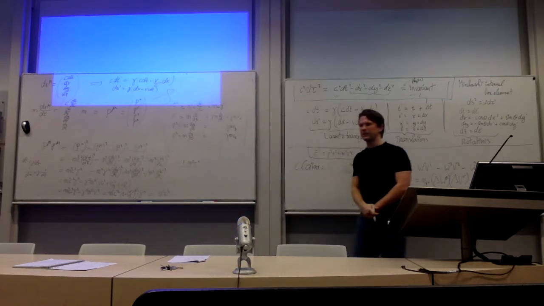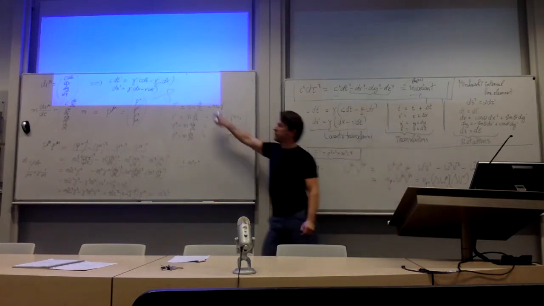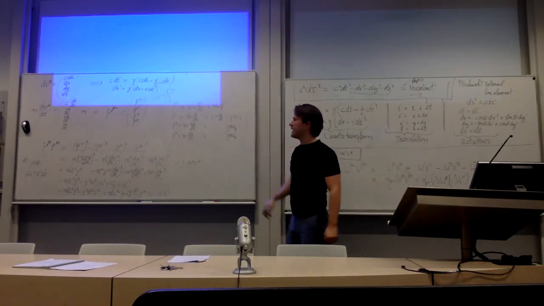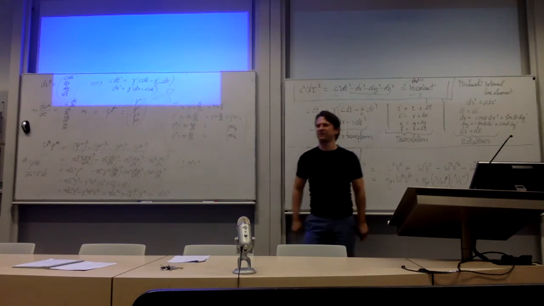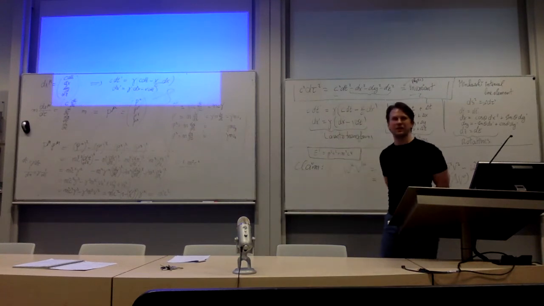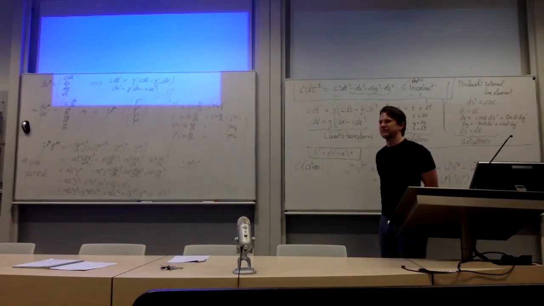Something like this? Yes. Because the 1 over d tau has now become a 1 over dt. That cancels the 1 over dt here, so this is what you get. Claim, this is energy over c. How can you tell? There's at least 2 ways.